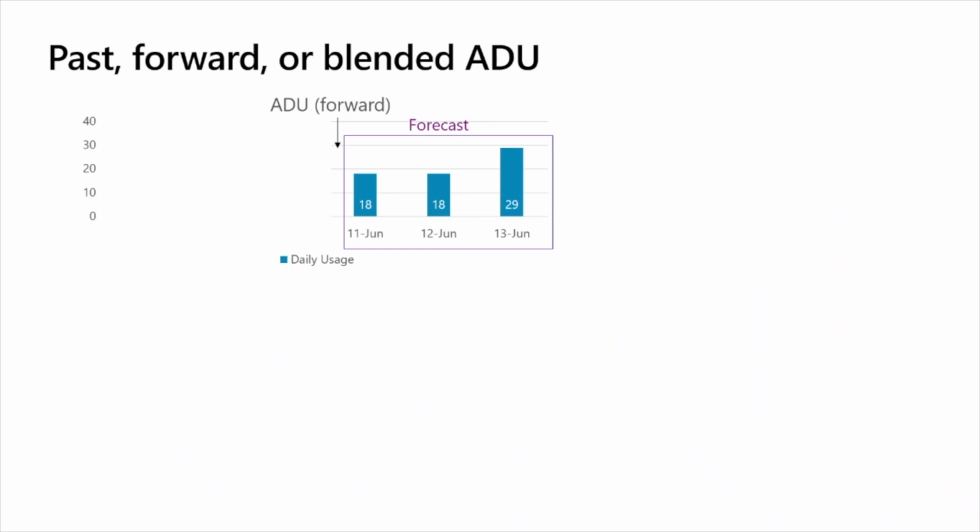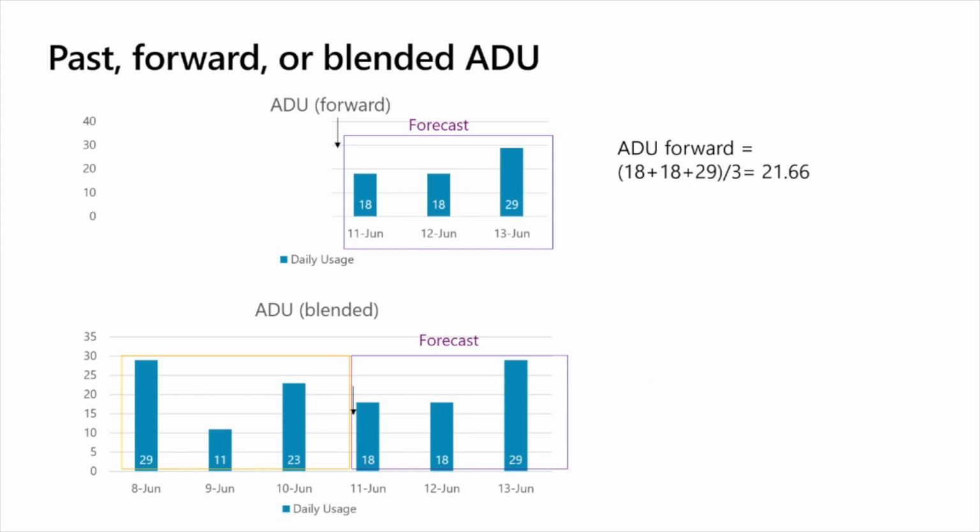For example, in this case, it could look 3 days into the future, and we would get that, looking at the forecast, it's a slightly higher value. And finally, if we wanted a combination of both, we could use the blended average daily usage, which looks past and forward. And it is used to smoothen between those values.